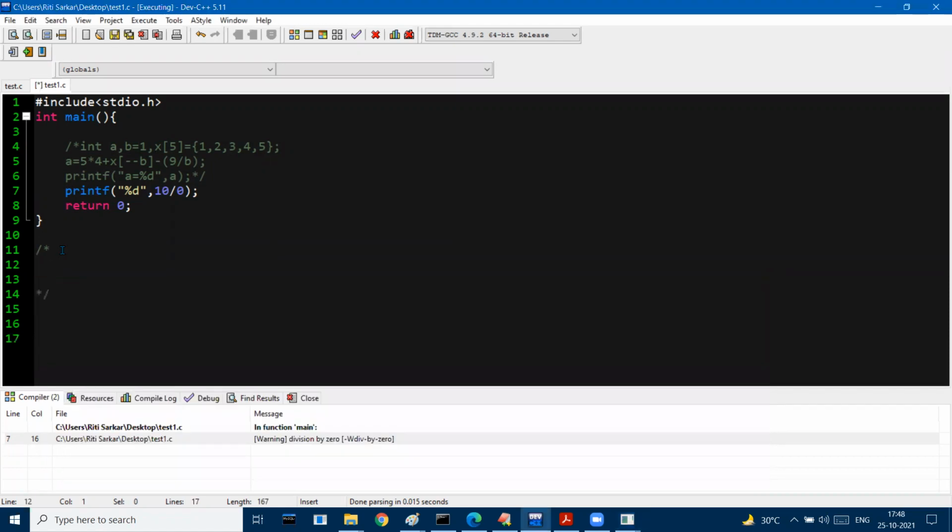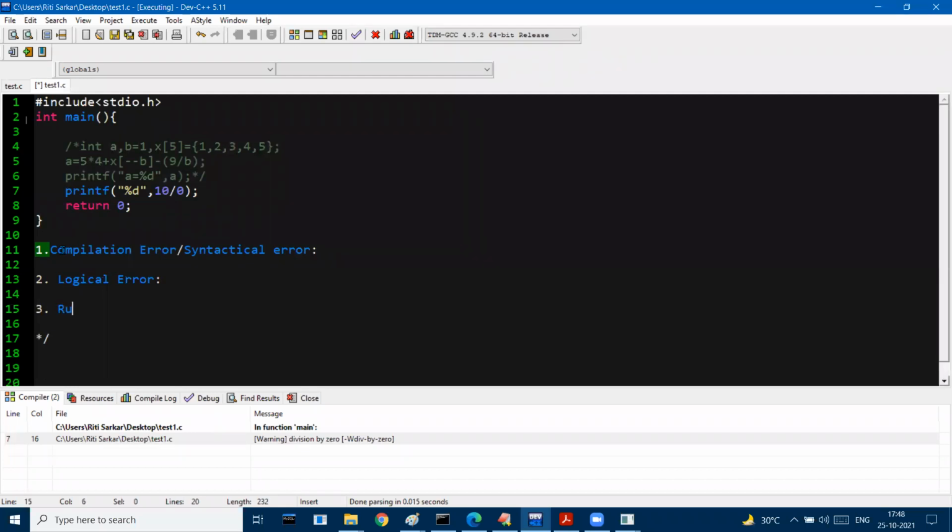In the C programming language, how many types of error do we have? One is called compilation error, sometimes also known as syntactical error. Another error is called logical error. Another is known as runtime error.